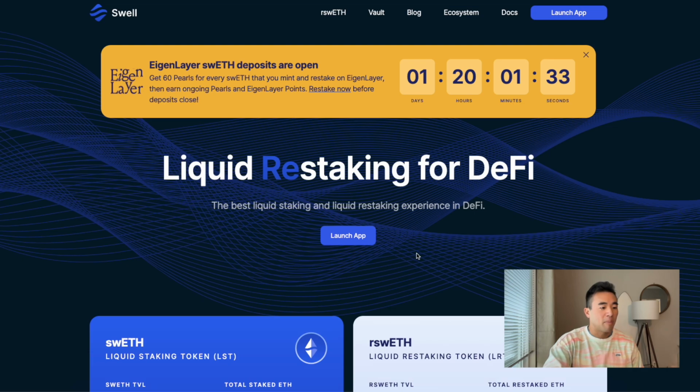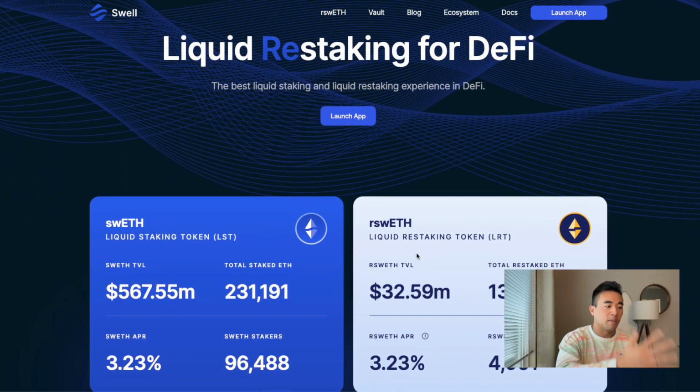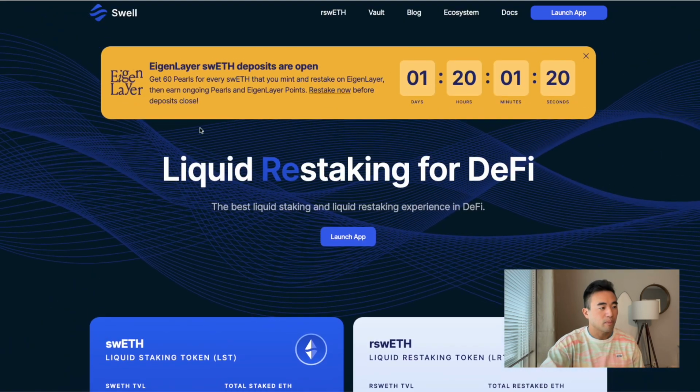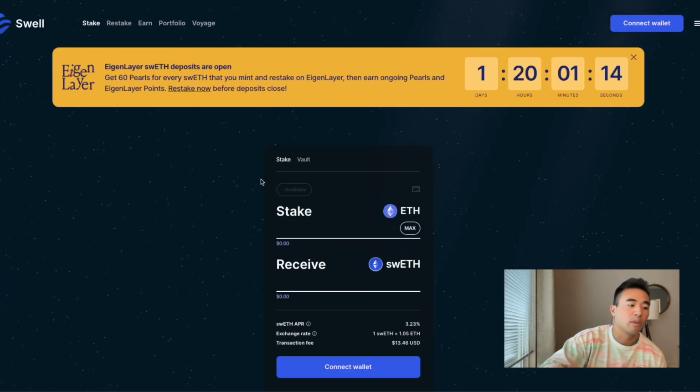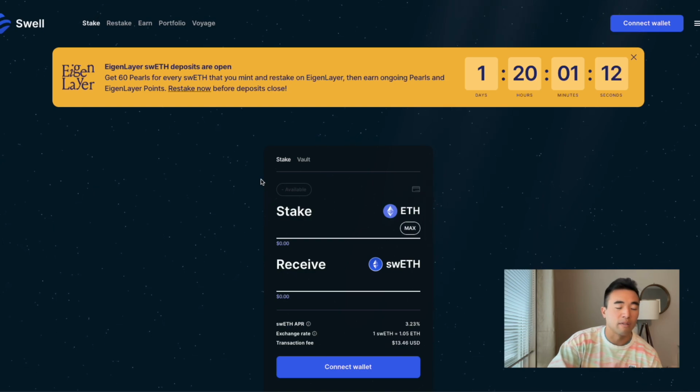So looking at their app, you can see SWETH, this is your run-of-the-mill liquid staking, and RSWETH, which is the restaking that we're talking about. Let's go to their app. Here we're on the stake. Again, we talked about this is your run-of-the-mill liquid staking.